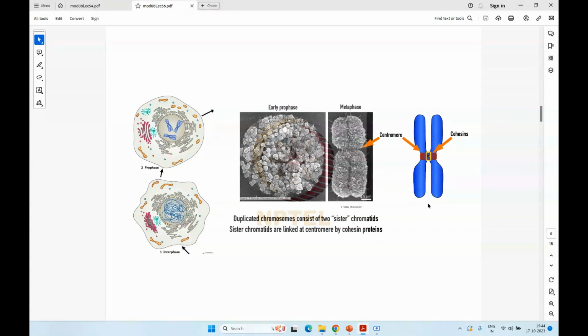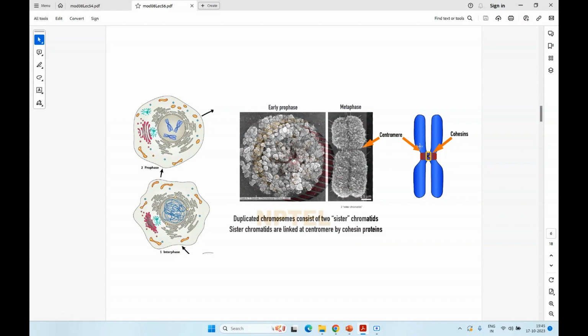Each chromosome might have a different kind of structure depending upon its length, and secondly depending upon where the centromere is positioned.